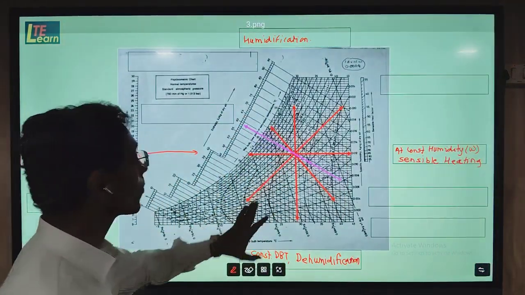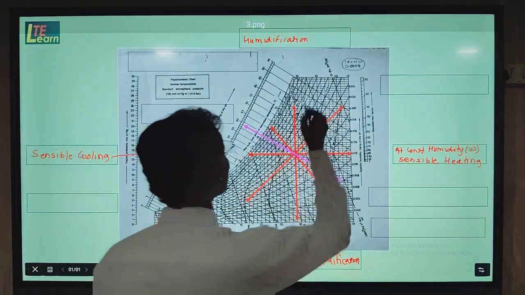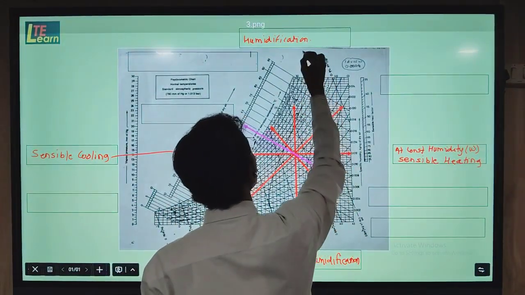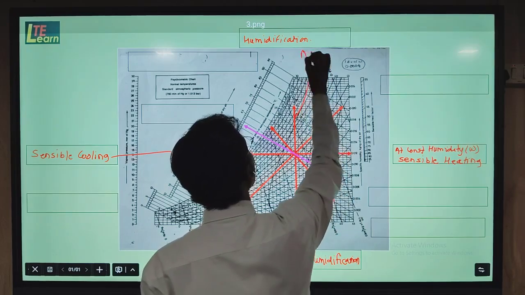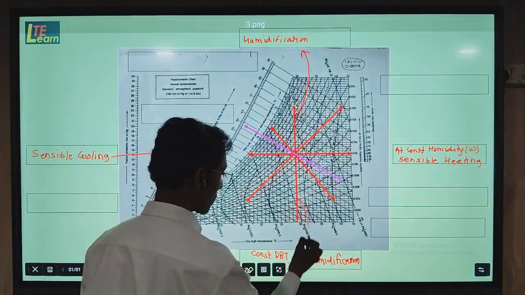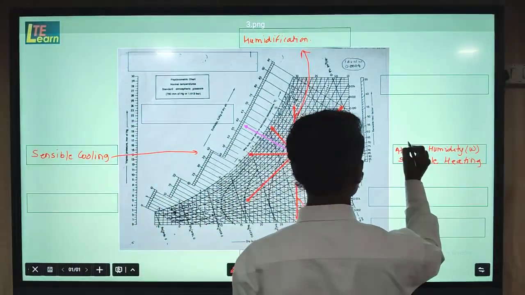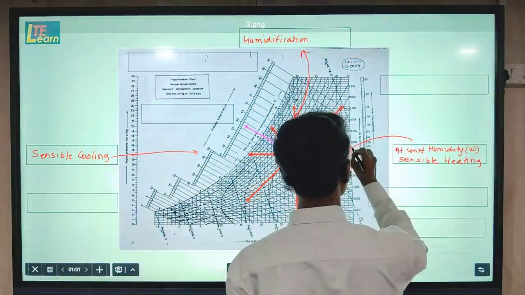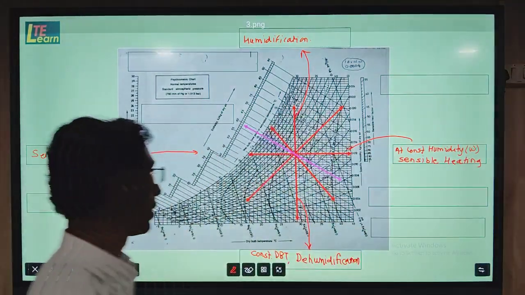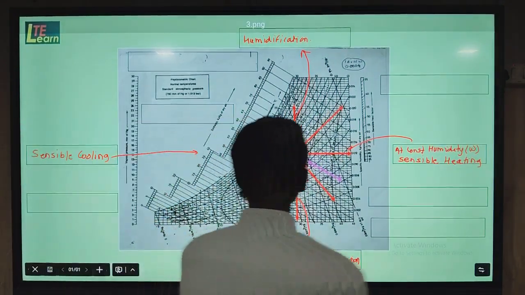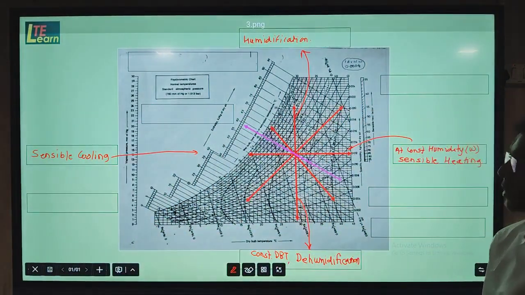Now these are the four ideal processes. In this way you can show the names. In actual practice there is a combination of any two processes.